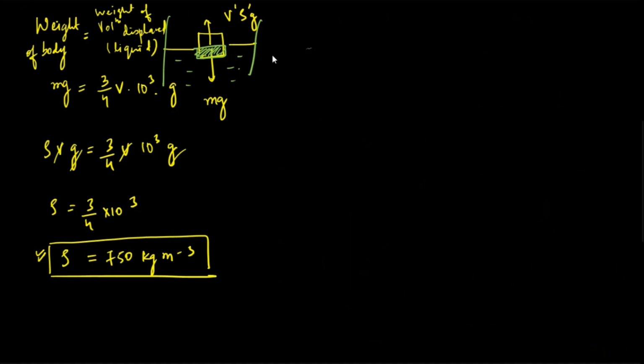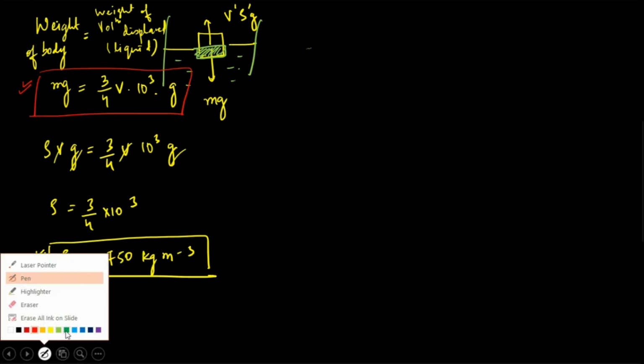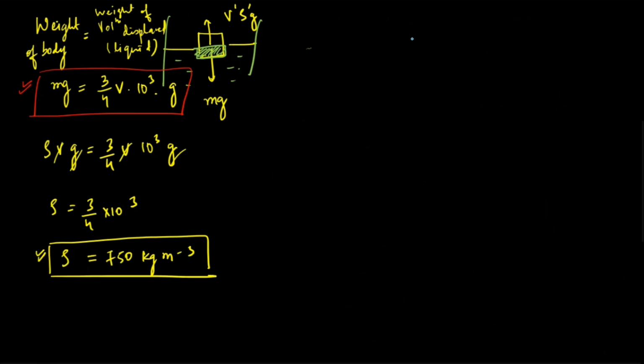When you say you displace 3 by 4 amount of water, wouldn't you displace less than that because of the force of buoyancy? It's not like that. Buoyancy represents that 3 by 4 of the volume is displaced.